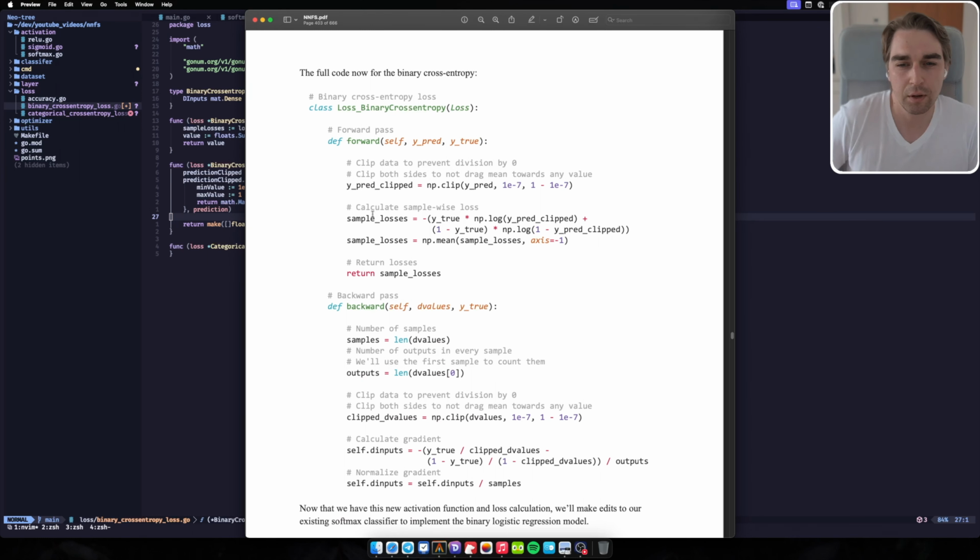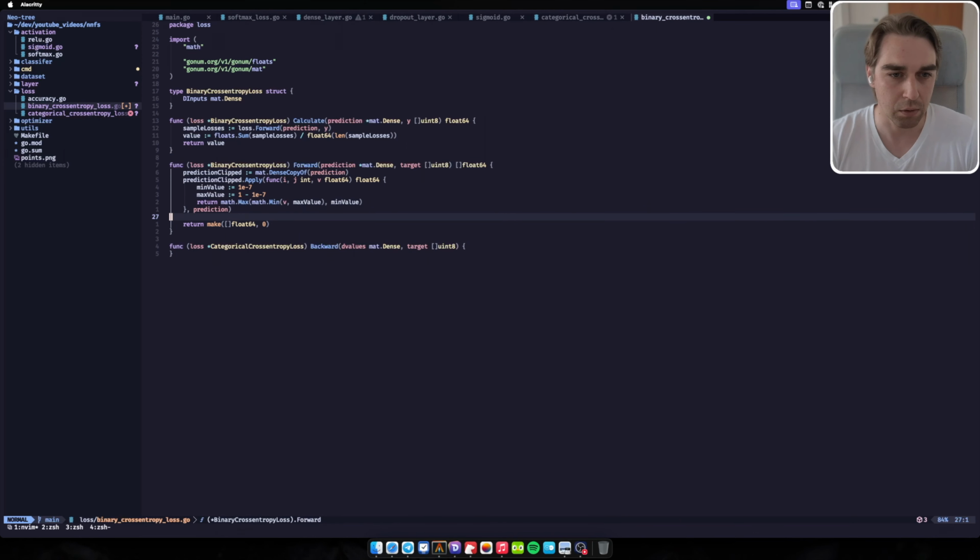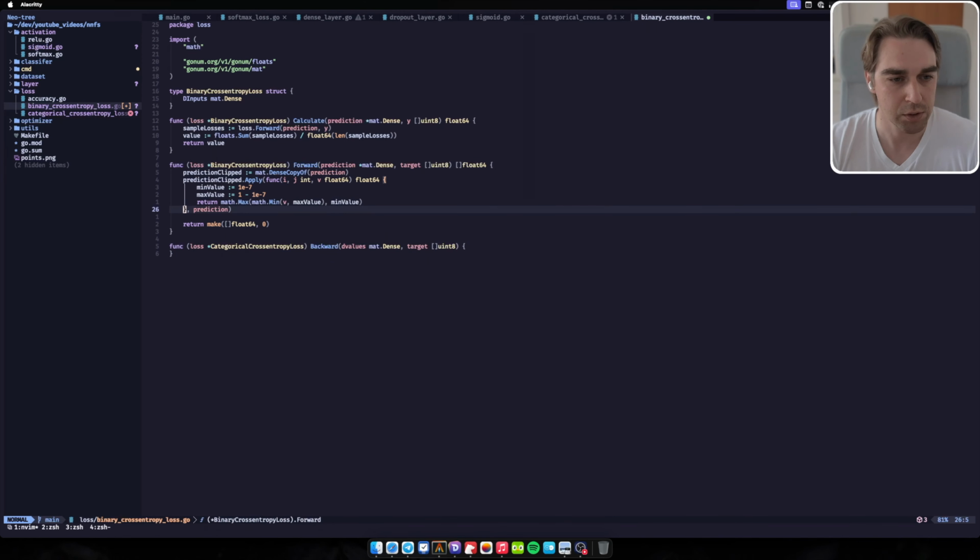Y true, y predicted. No, this is two-dimensional, but that's one-dimensional, right? Because then we go through sample losses and calculate the sum.